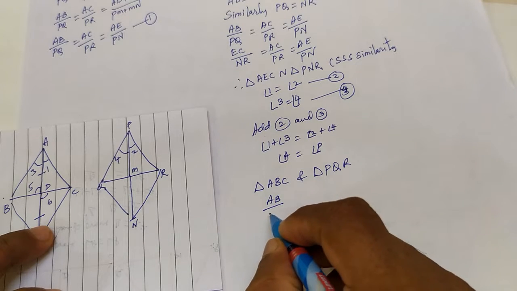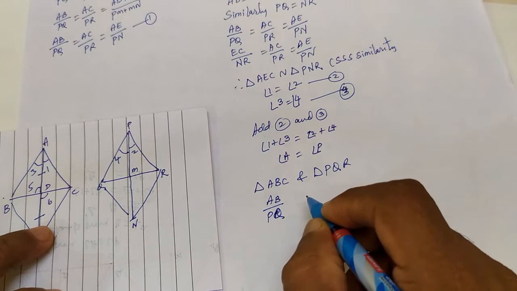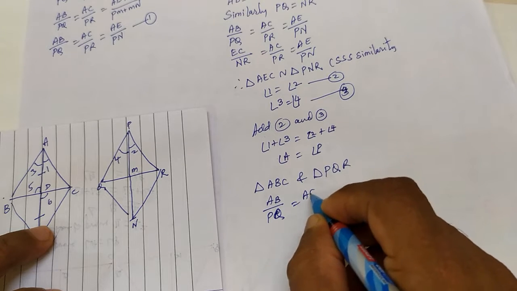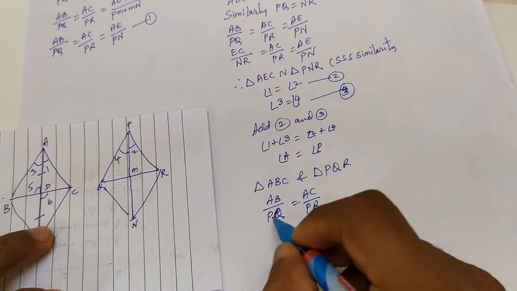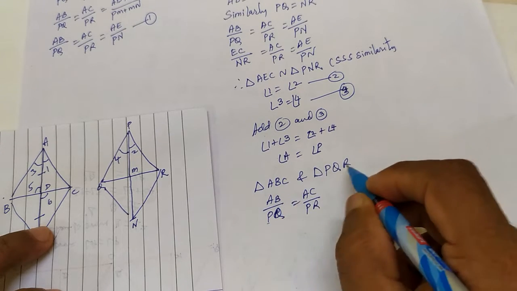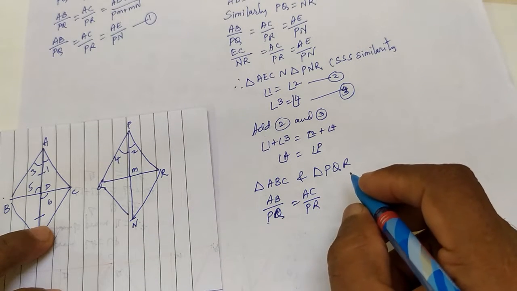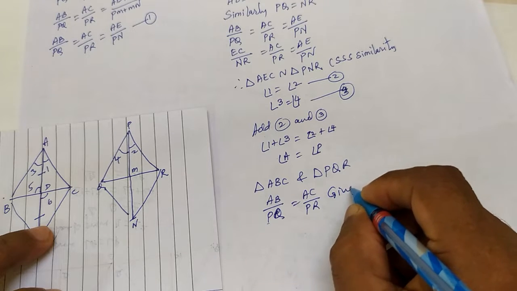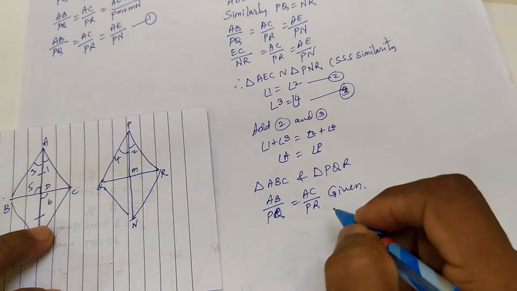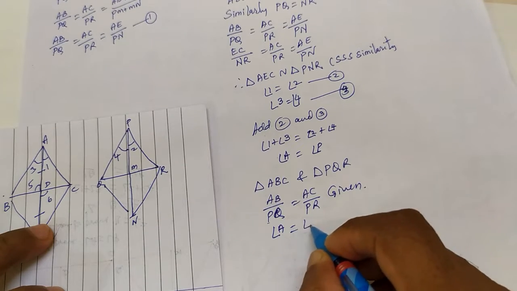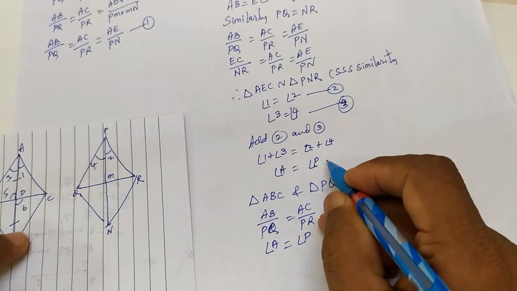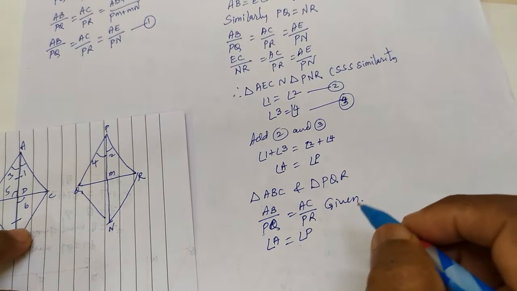AB upon PQ is AC upon PR. AB, PQ, AC, PR. This is given to us. And angle A we have just now proved equal to angle P. Angle A is equal to angle P.